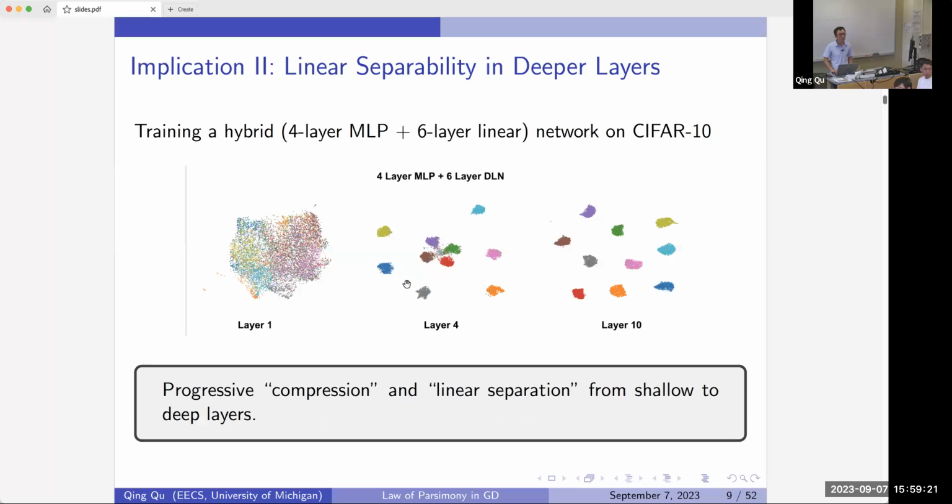Just to follow up, you mean the initialization is on the weight parameters, and the compression is on the feature embedding. Right. So if you have a smaller initialization scale on the weights, then the beginning stage of the features will be more linearly separable and more compressed. I see.